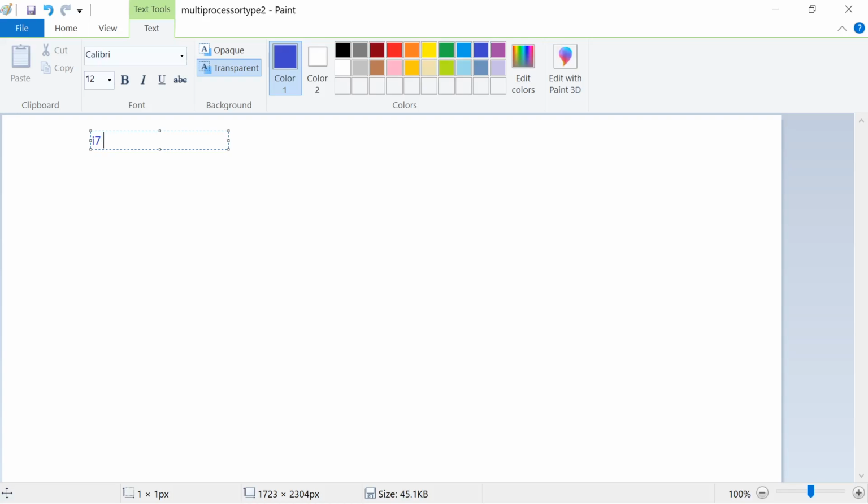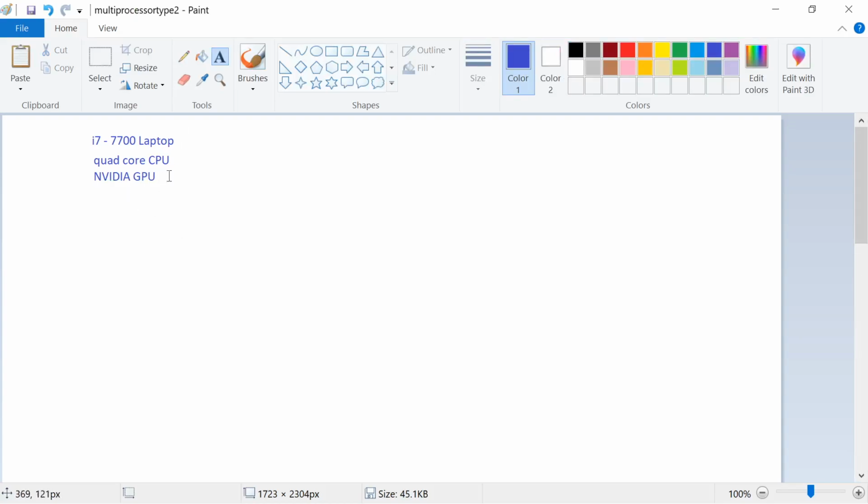I have an i7 7700 laptop. It has a quad core CPU and it has an NVIDIA GPU. NVIDIA is a company name. So my laptop has one CPU which has quad core, and one GPU.